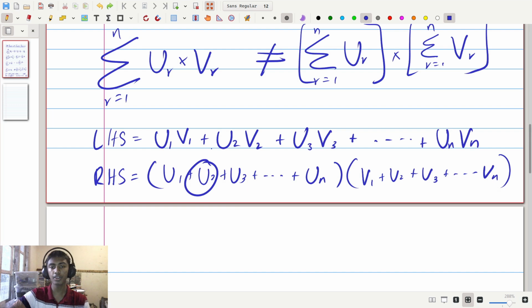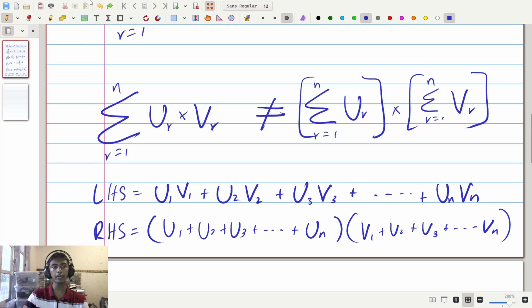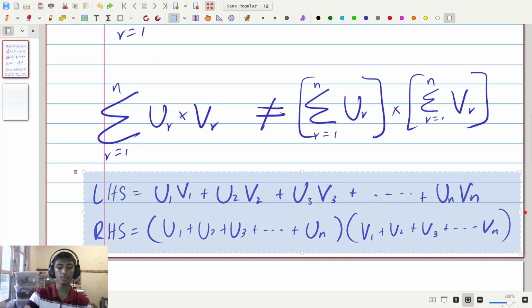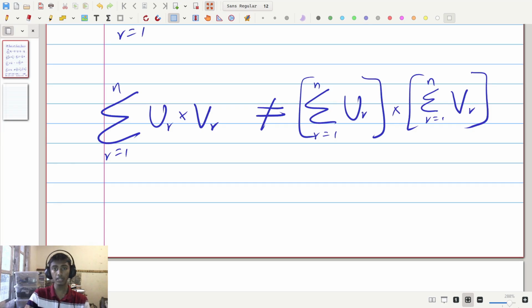Same with the rest. So we do get all the terms we need, but we also get a lot of terms that we don't need. Therefore, in general, the sum from r equals 1 up to n of u of r times v of r is not equal to the sum from r equals 1 to n of u of r times the sum from r equals 1 to n of v of r.